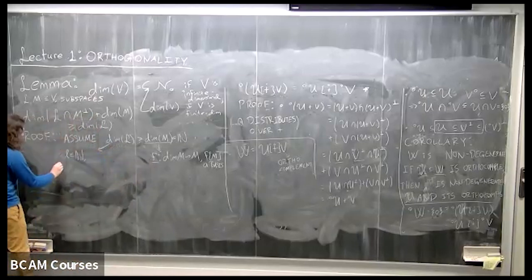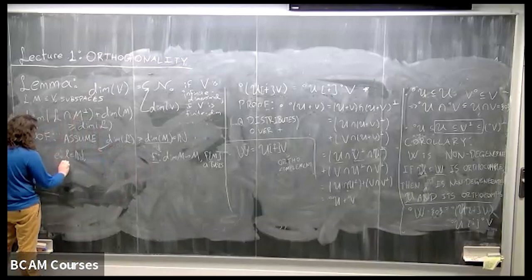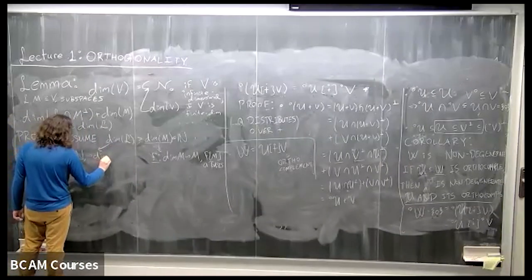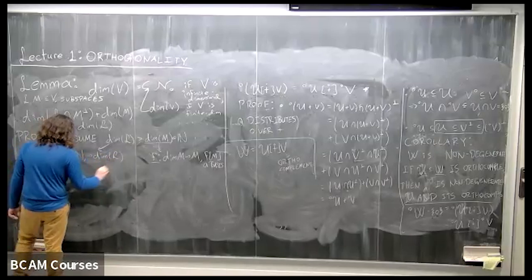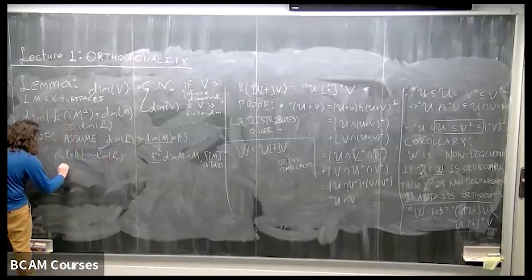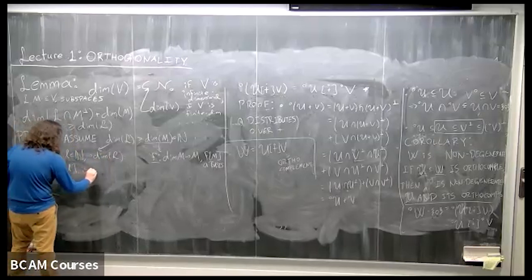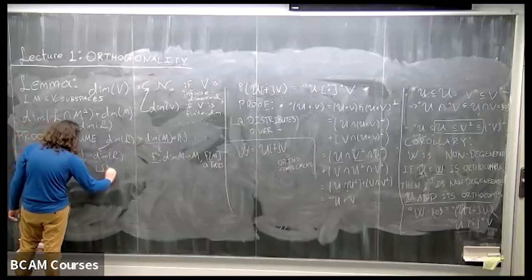So I'll say there exists an enumeration of the basis that goes from here to Gen L, such that this is linearly independent.